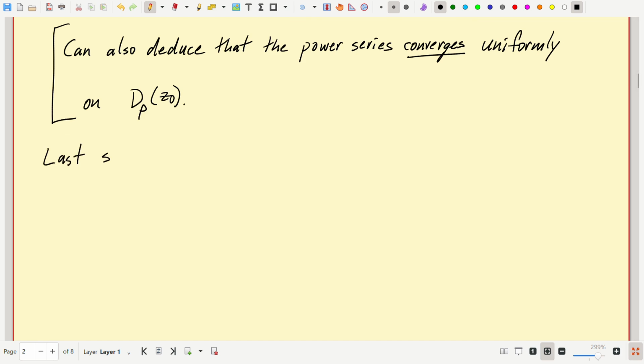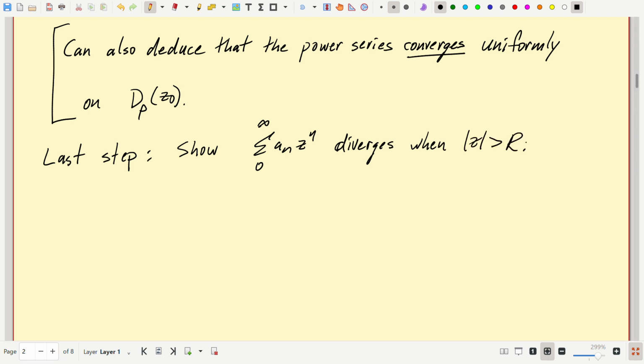And that turns out to be a snap. Last step, show that the summation a_n z^n diverges when mod z is bigger than r.